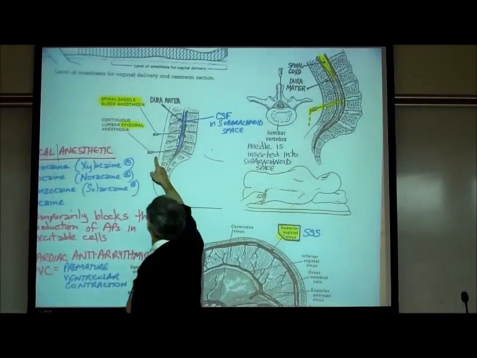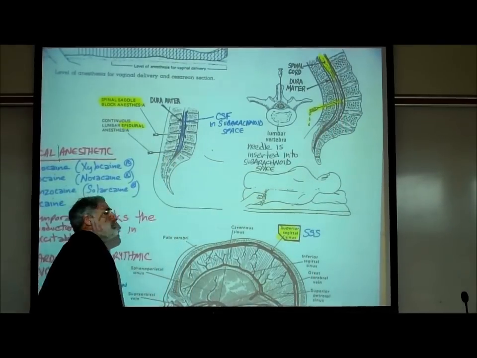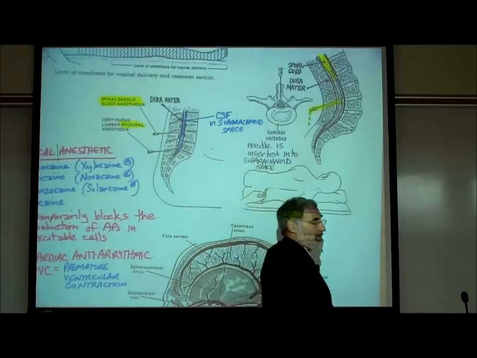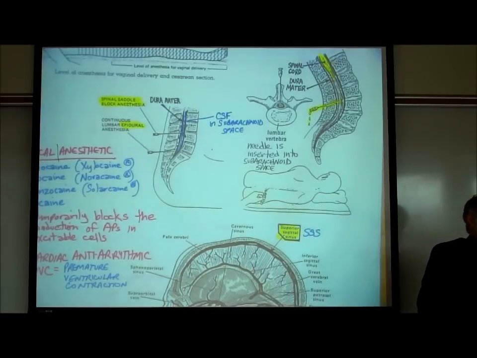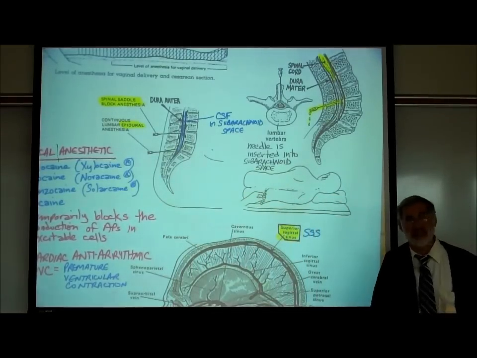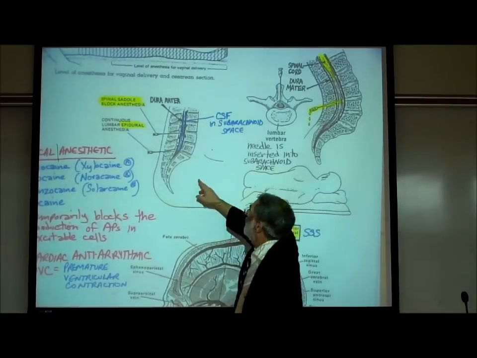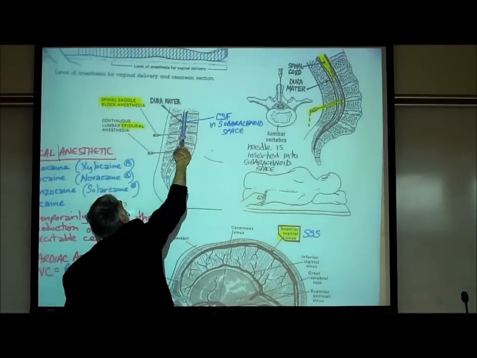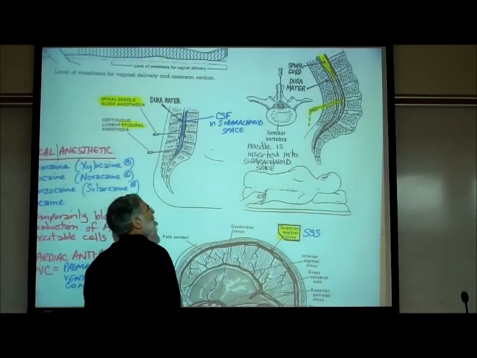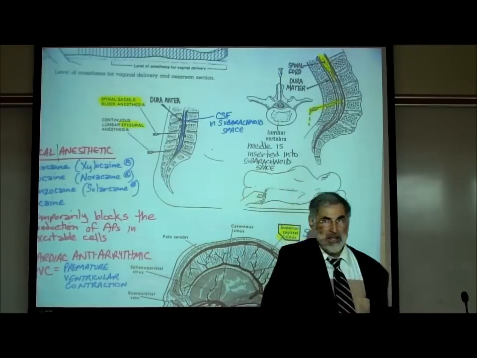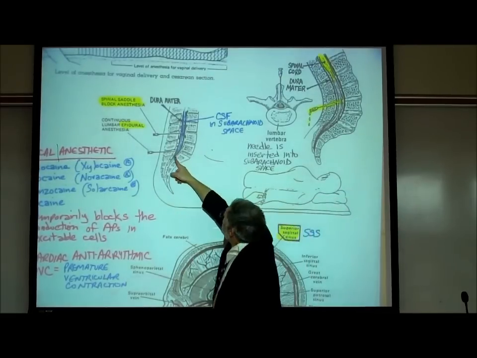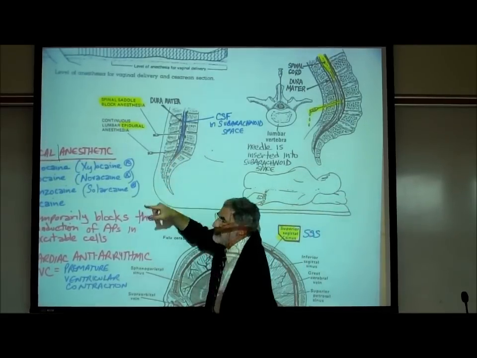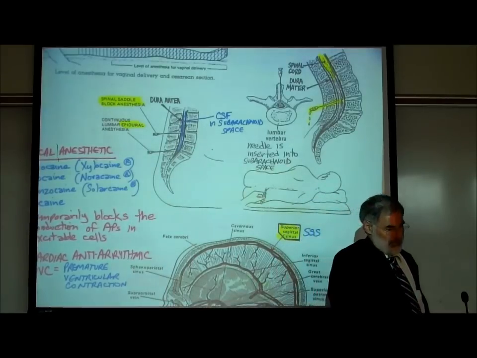Or they can have the needle just outside the dura mater. What do we call that space just outside the dura mater? The epidural space, and that's known as an epidural. When they release the local anesthetic into the cerebrospinal fluid in the subarachnoid space, that's called a spinal block or a saddle block. If the local anesthetic is released just outside the dura mater, it's called an epidural block.